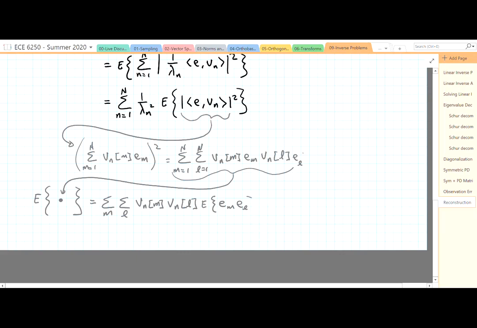But that expectation is 0 unless m equals L. So the whole expression then is just equal to a single sum, one of them collapsed, of Vn[m] squared sigma squared.